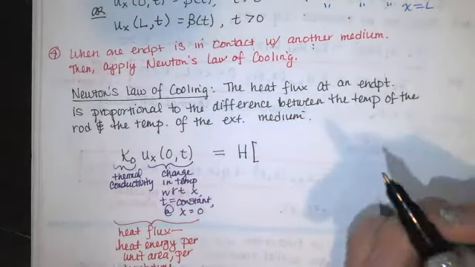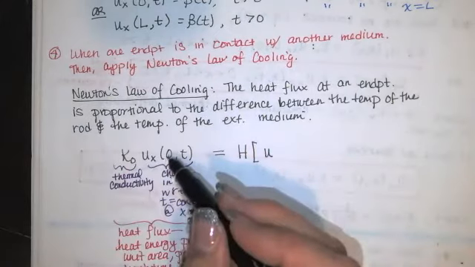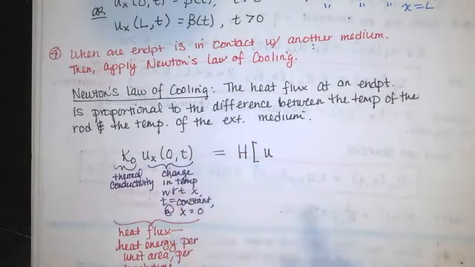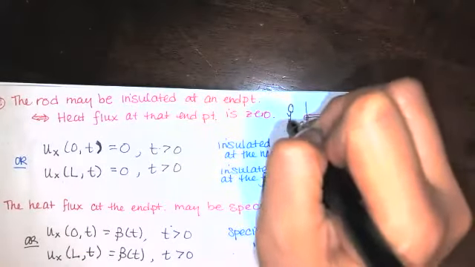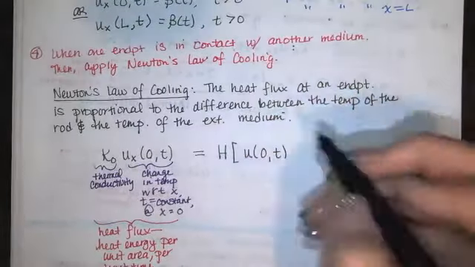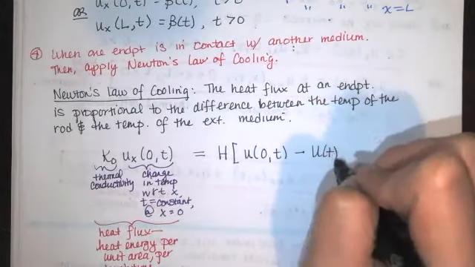the difference between the temperature of the rod, and we're assuming this is at that near endpoint at x equals 0. So there it is. And we're imagining we're standing here. It's next to us, so we call it the near endpoint. Temperature at x equals 0 as a function of time, minus the temperature of the external medium, which may actually depend on time.